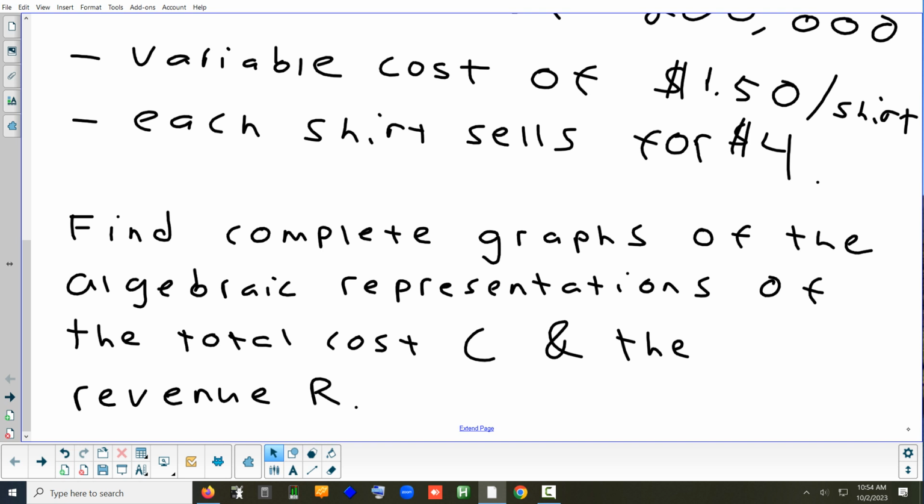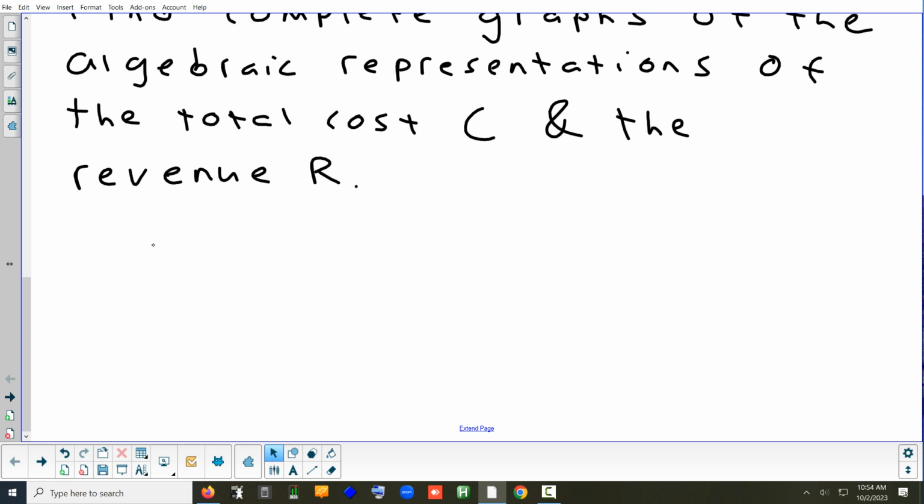Let's do X. I mean, you could use S for shirts, but sometimes my S looks like a 5. J for J. You should use J. Okay, we can use J. So J is the number of shirts.